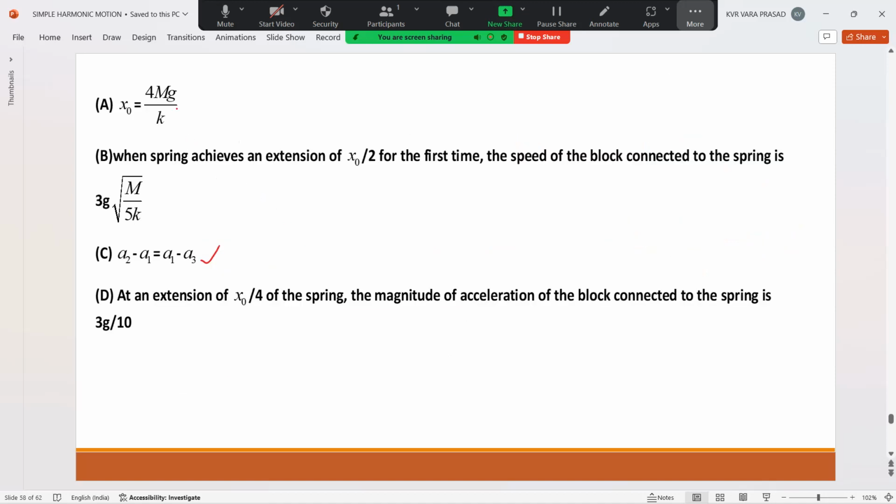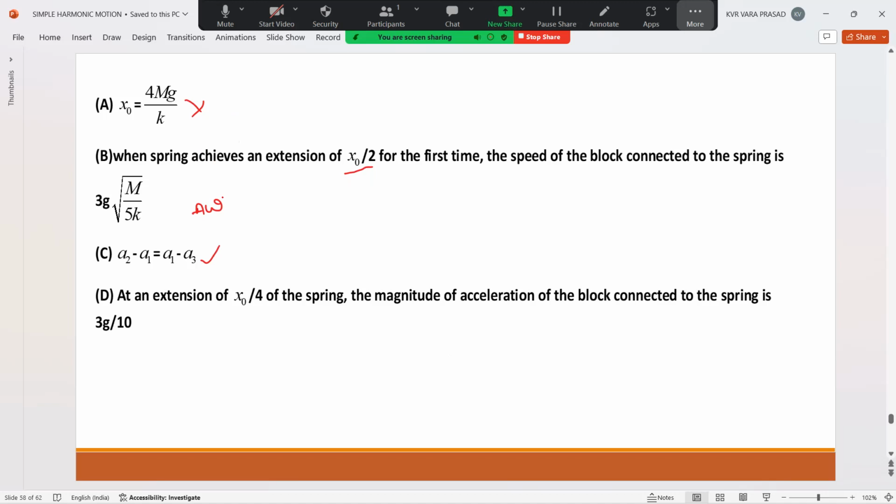First one, maximum elongation is 4mg by 3k. That is wrong. Next, when the spring achieves an extension of x naught by 2 for the first time, the speed of the block. Remember, x naught is now the maximum elongation. x naught by 2 corresponds to the mean position. At mean position, velocity equal to A into omega, right?